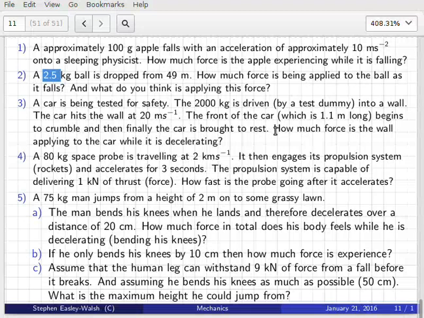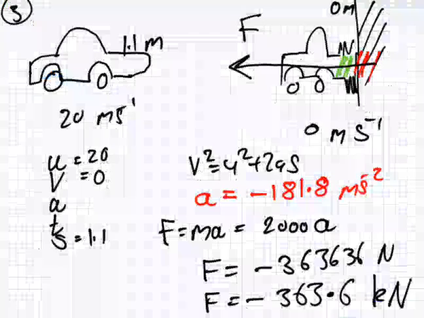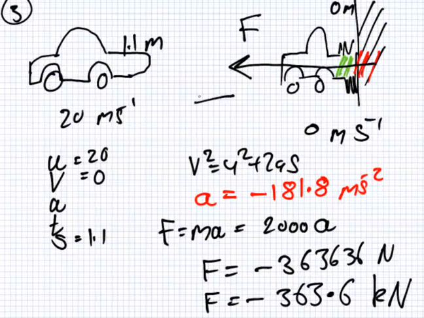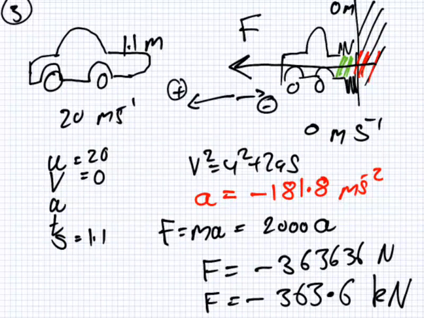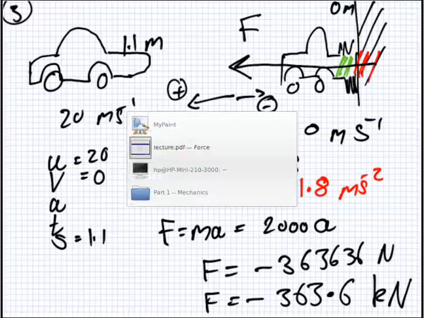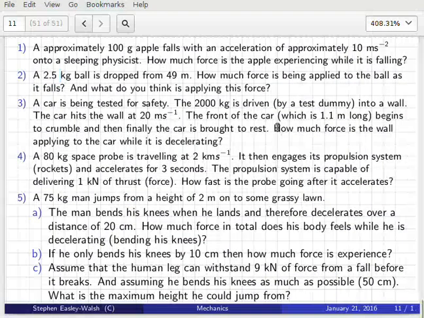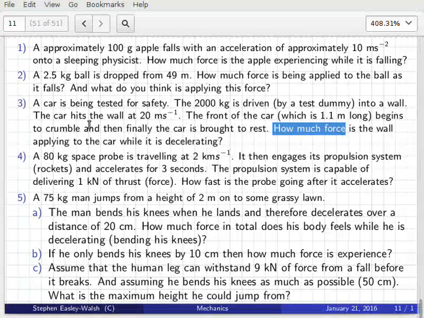Okay. So let's see. 20 squared, and then divided by 2, and then divided by 1.1. So I got here the A. Will it be plus or minus? It will be minus, because it's decelerating, slowing down.